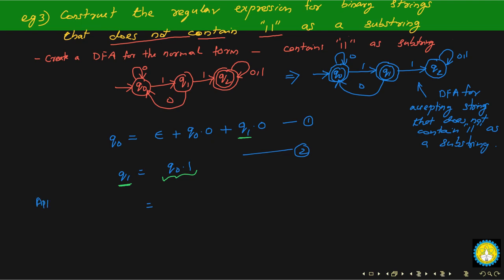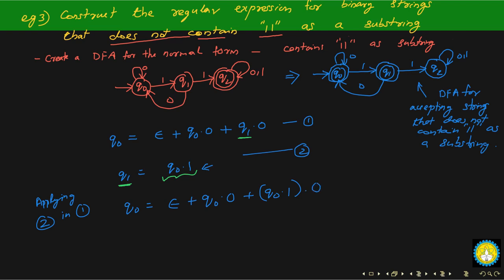It becomes epsilon plus Q0 dot 0, and instead of Q1 I write Q0 dot 1 dot 0.